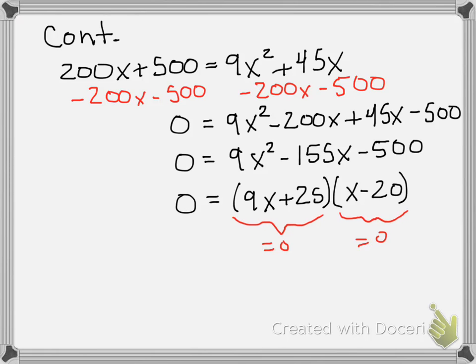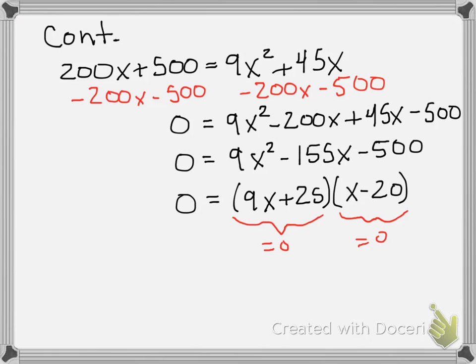So when we have an equation like this, we've got 0 equals one term, like this 9x plus 25, times x minus 20. In order for this equation to be true, one of these terms has to be equal to 0. Okay? Hopefully that makes sense to you.